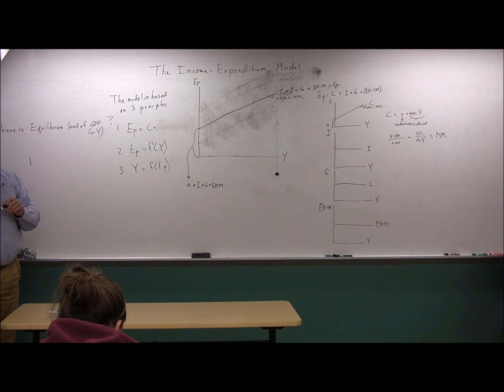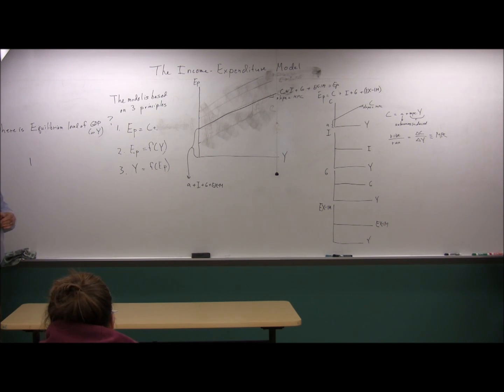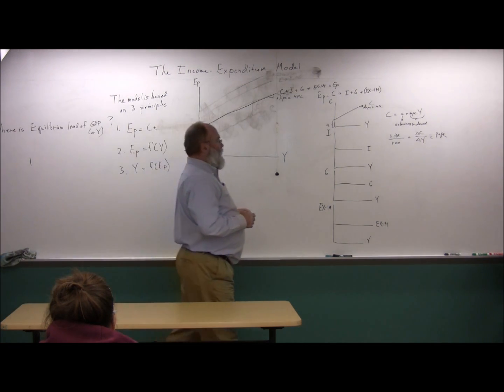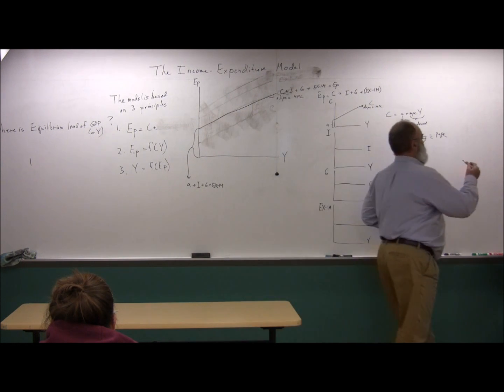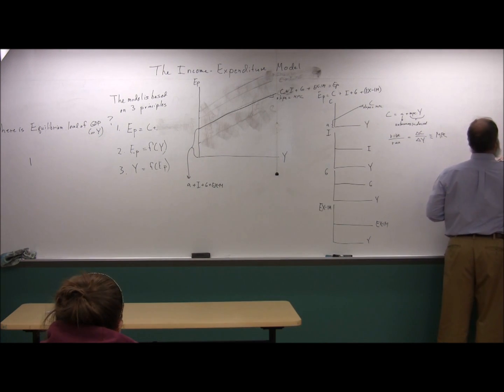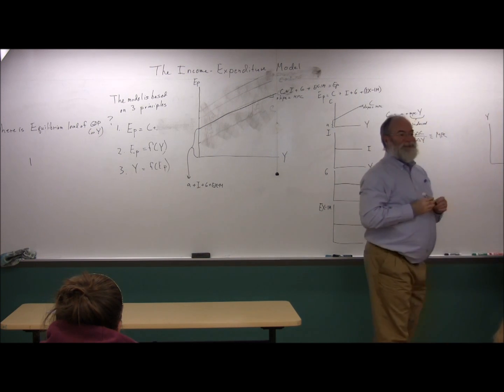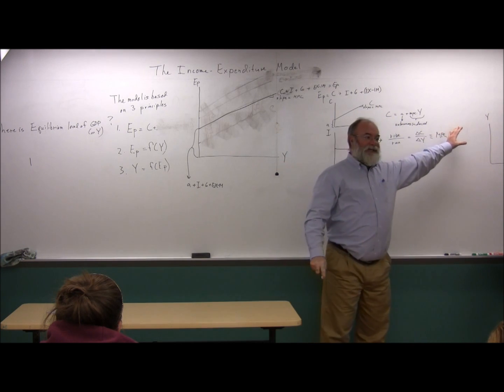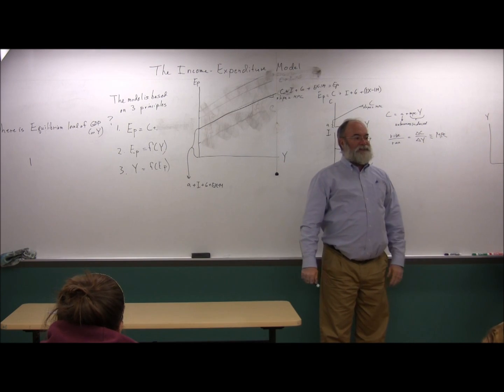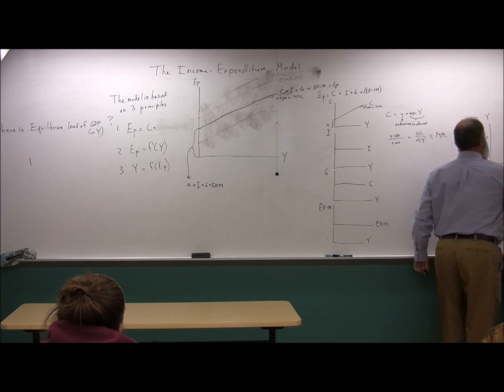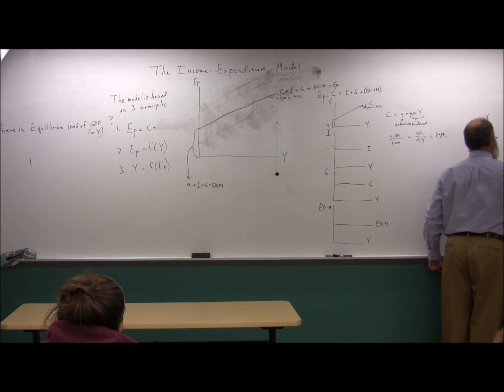All right. Now, we're going to use a math trick. It's really simple math. This is the x-axis. This is the y-axis. We're thinking in math terms, not in economics. Suppose we want to graph the equation x equals y.